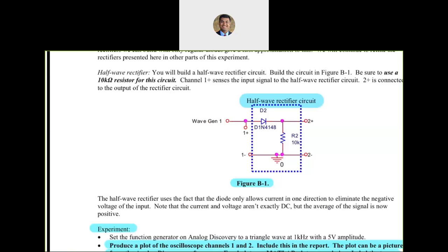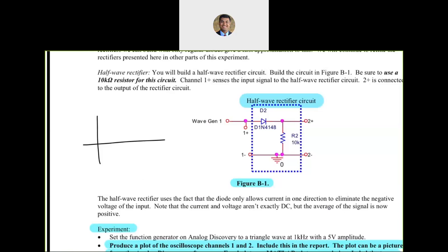And in our earlier discussion we saw that if we configure our circuit with two elements, resistor and diode, and if we were able to measure the voltage across the resistor, it is going to essentially be eliminating the negative half cycles. It is just going to preserve the positive half cycles of the wave gen source.